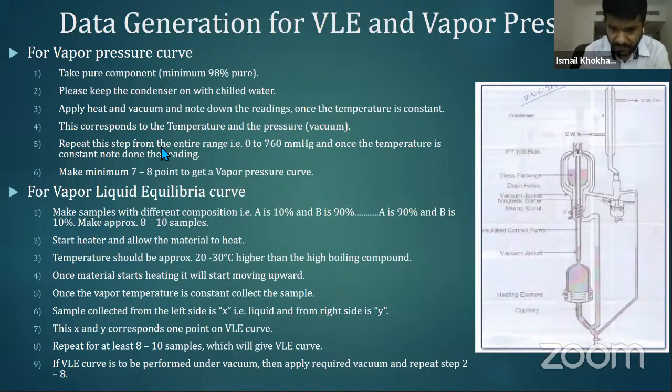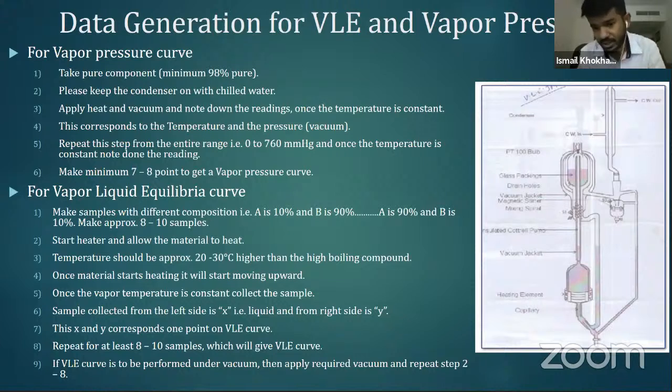This feed mixture you feed in this bulb and start heating. As I told you, the heating temperature should be approximately 30 degrees higher than your mixture temperature. Once you start heating, the tube over this bulb is quite narrow. The diameter is quite narrow.